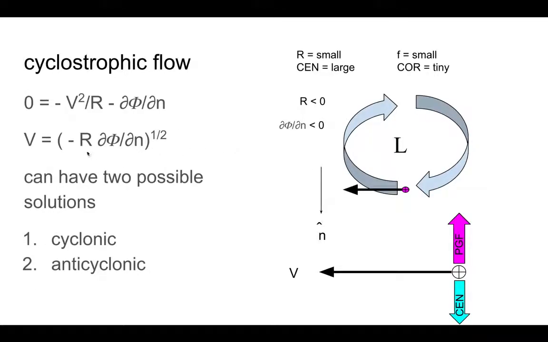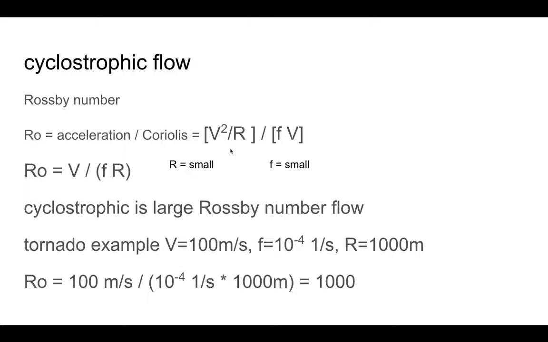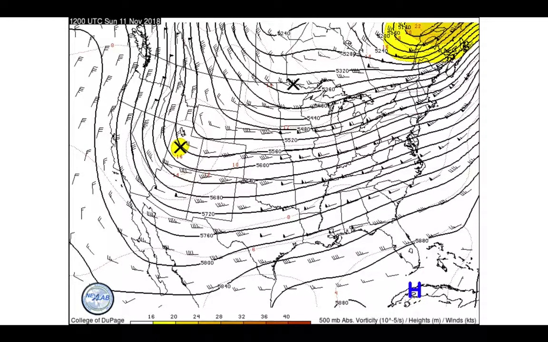And so if we had that type of 100 meter per second velocity and 1,000 meter radius of curvature, we could plug those numbers in and calculate the pressure gradient in that situation and see the type of pressure gradient that we would expect in a tornadic circulation. That's something I'm going to ask you to do in the next homework.